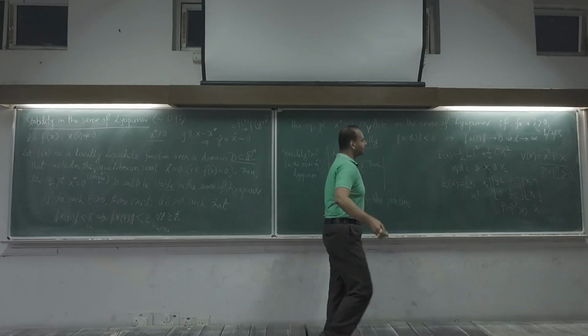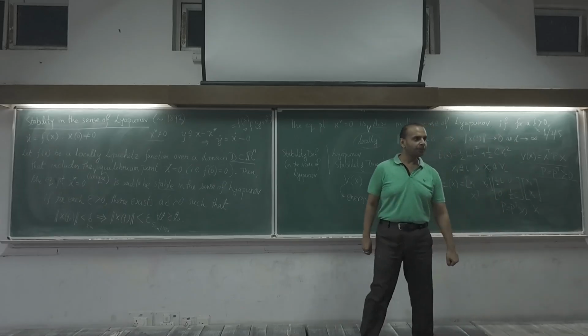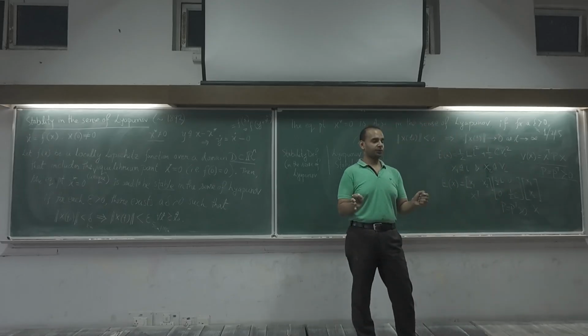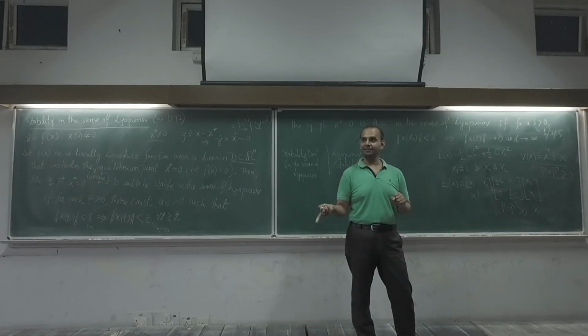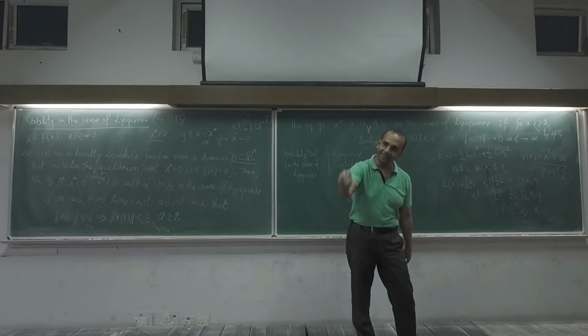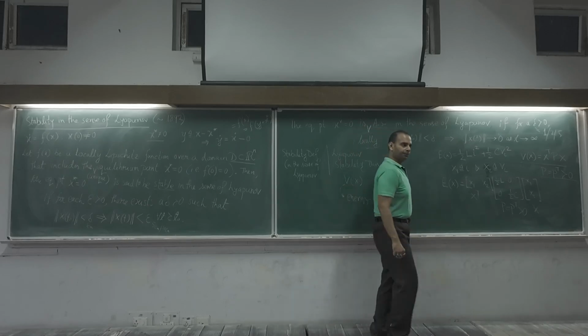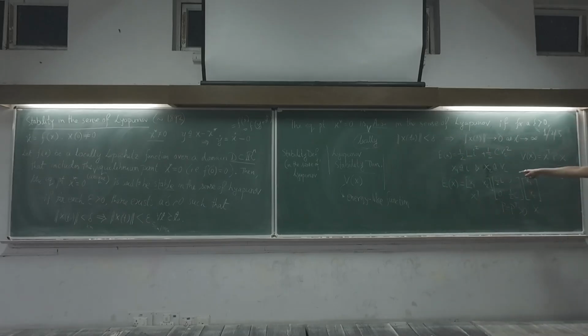I also said that this x transpose P x is called an energy-like function, but for some classes of systems, for example electrical or mechanical systems, the V function can even resemble exactly the energy function. Why? I already showed you the example of an RLC circuit for electrical cases.